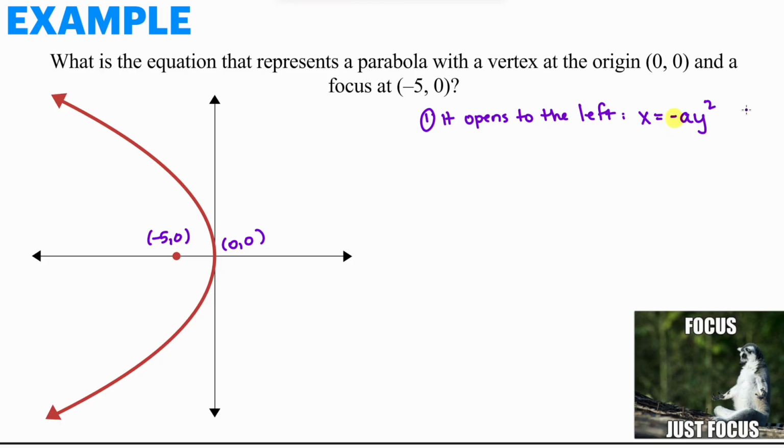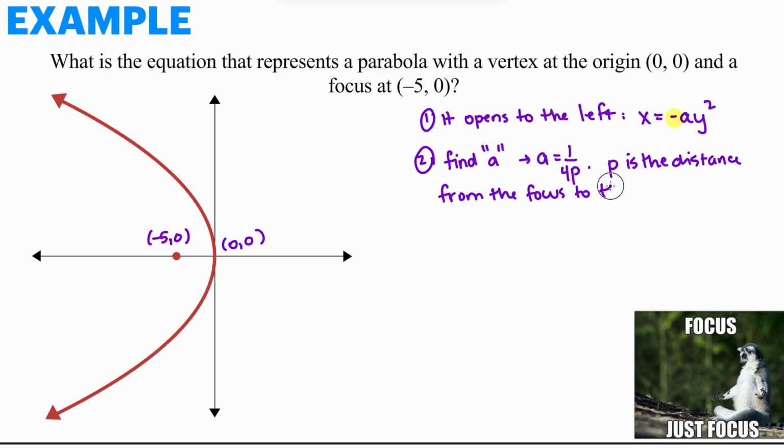To find a, the second part is we are going to find A. And that is by the equation A equals 1 over 4 times P. P, again, is the distance from the focus to the vertex, which in this case is 5, because we went from negative 5, 0 to 0, 0, which means we went a distance of 5.